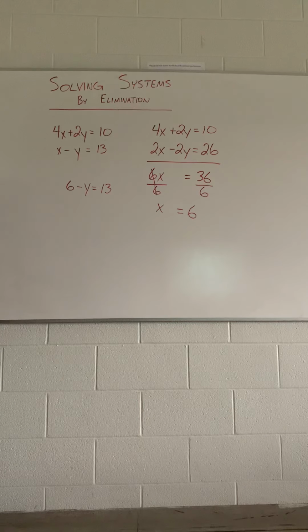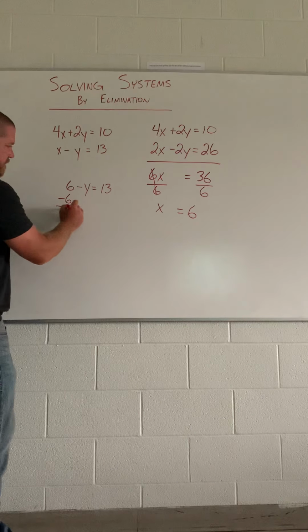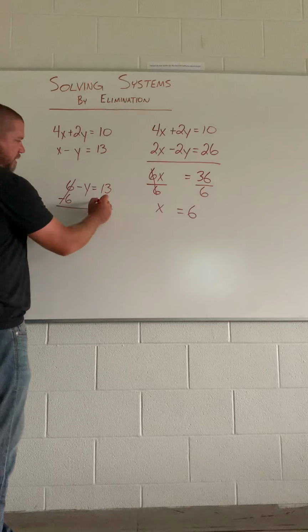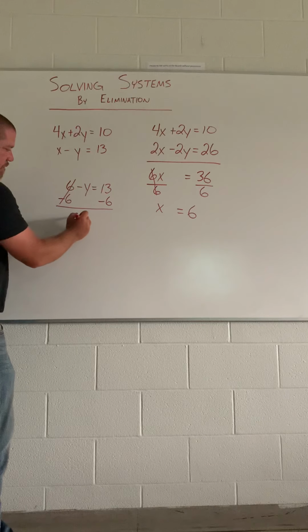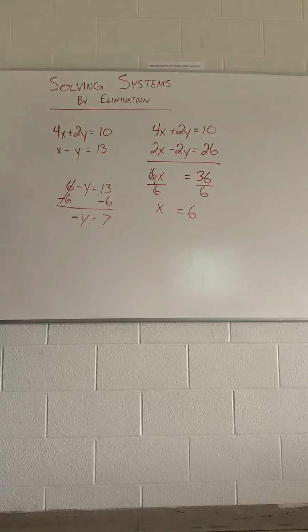Okay. We solve for y now. Get rid of your 6 to make it 0. But we subtracted 6 there, so we subtract 6 there. And we're left with the negative y equals 7. Now, we know what the opposite of y equals. We want to know what y equals.